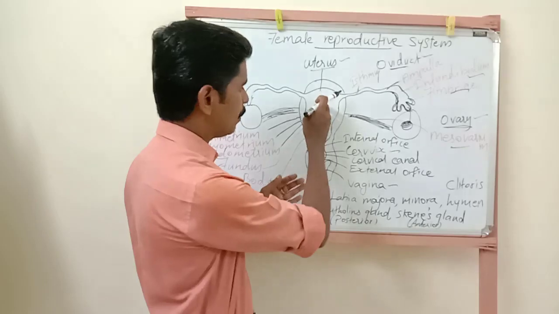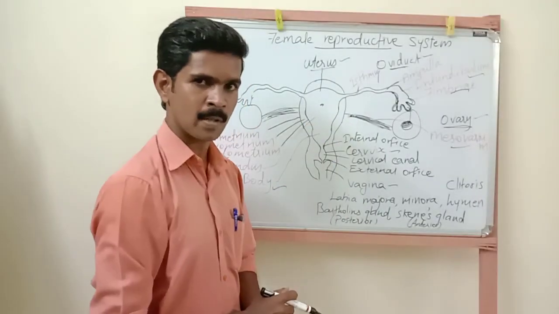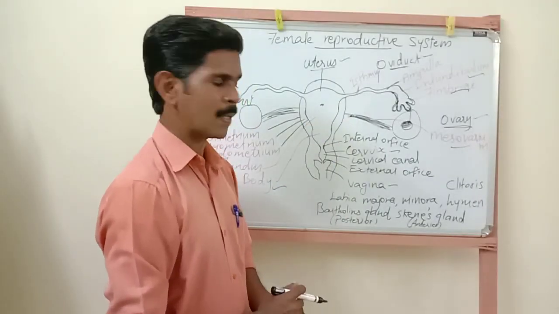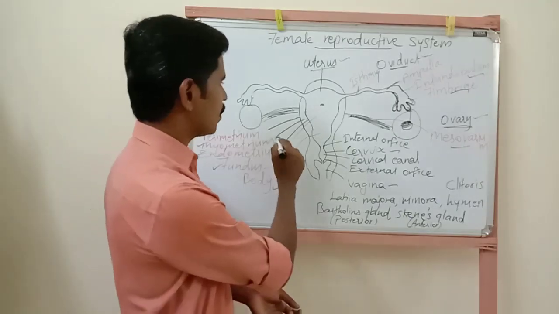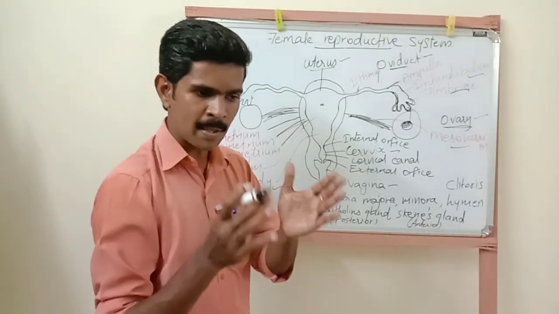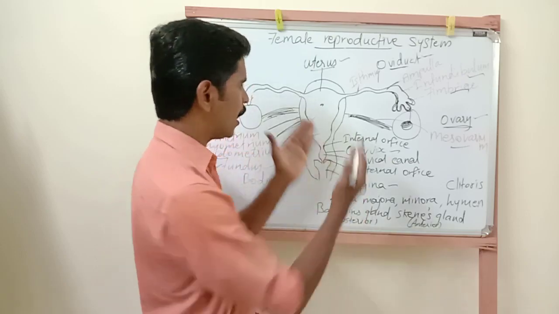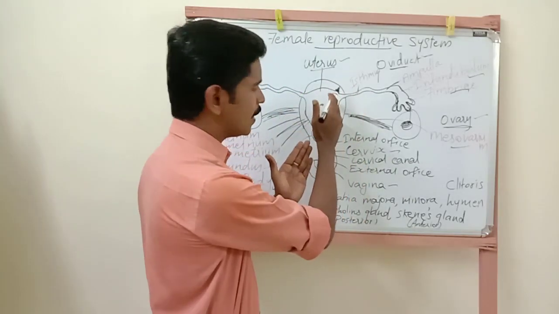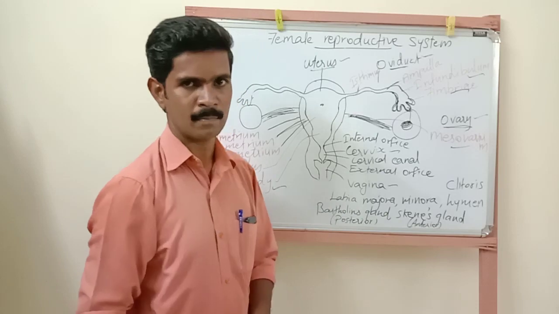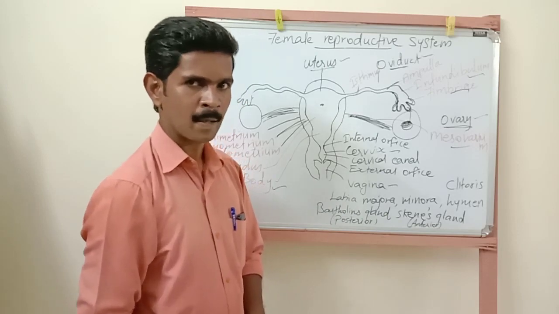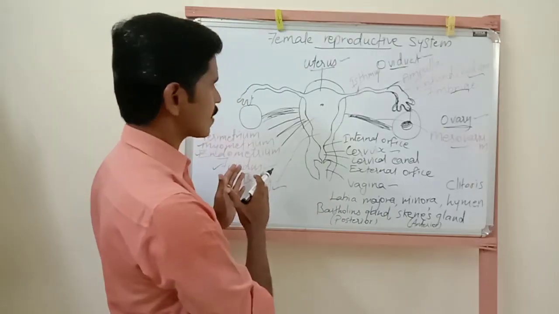Then only the baby can come outside from the uterus. For this purpose, the myometrium layer plays a very important role. The myometrium contracts very strongly. Then only the baby can be pushed out from the uterus. Understand? So now we completed the structure of the uterus.